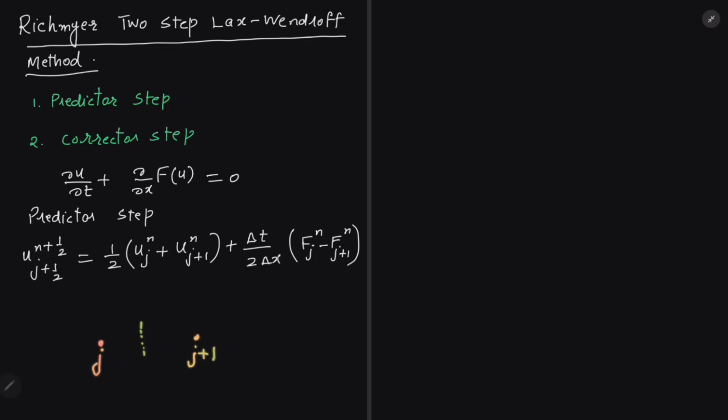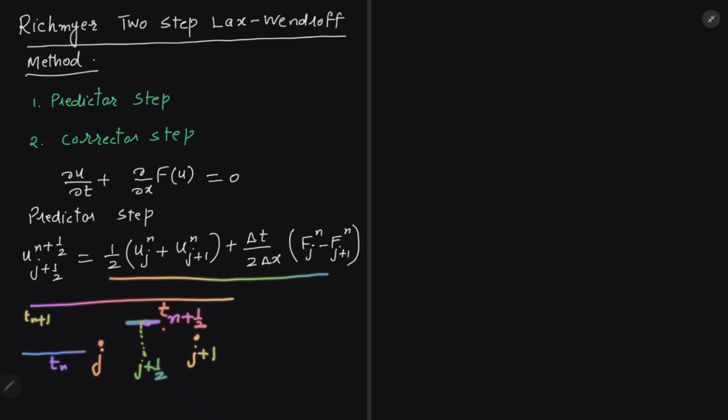So it means that we calculate u in the predictor step at j plus 1/2, and also if this is Tn and this is Tn plus 1, the center of these 2 points is n plus 1/2. So we calculate this right hand side at the center of the x spacing and the center of the time level.